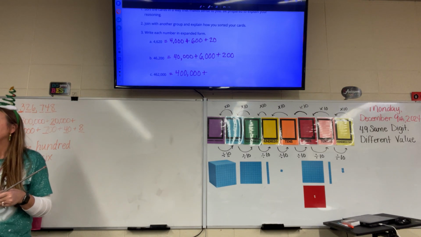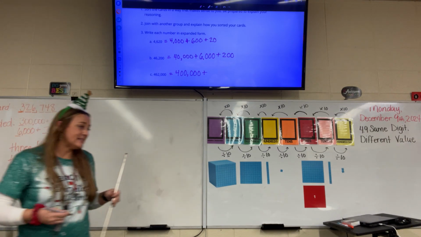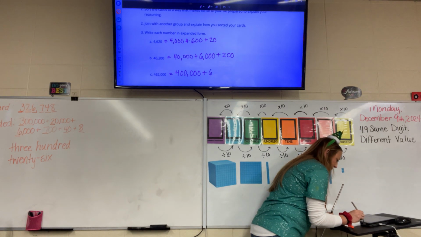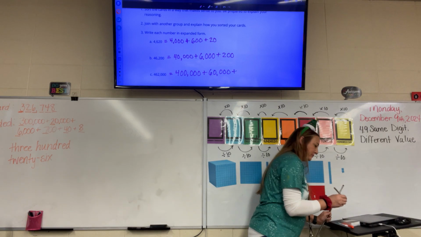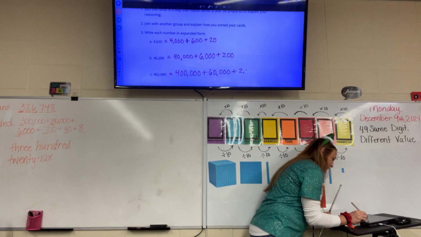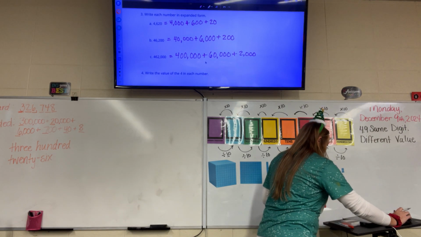No. 60,000. 60 what? Yes, 60,000. Good. Mary, what would be the value of the 2? 2,000. Yep. Okay, very good. So we've got all those in expanded form.